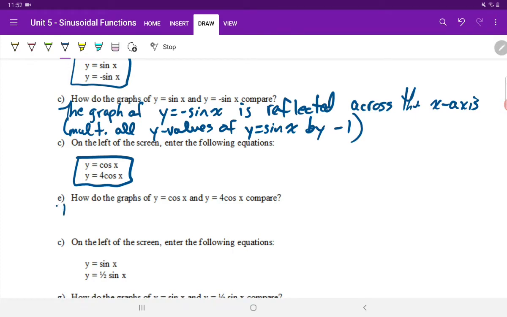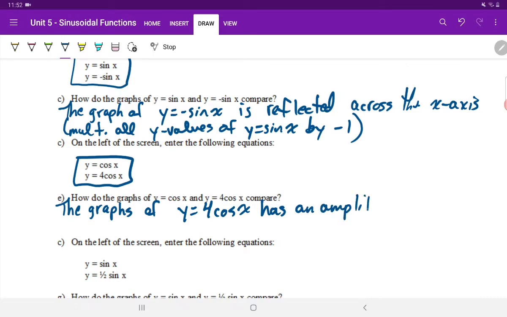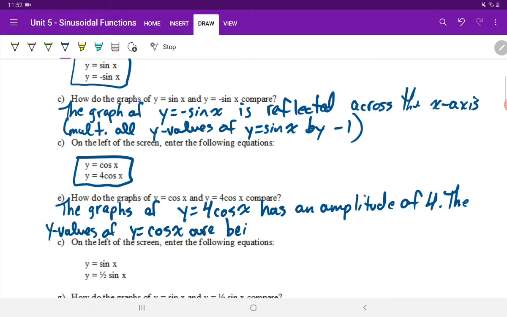Okay, so the graph of y equals 4 times the cos of x has an amplitude of 4, the y values of y equals cos of x are being multiplied by 4.